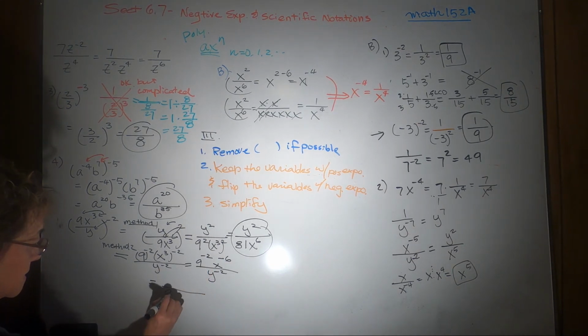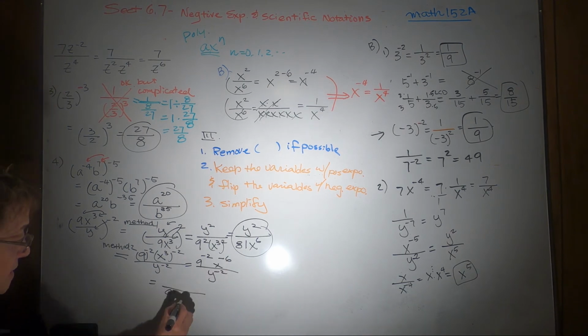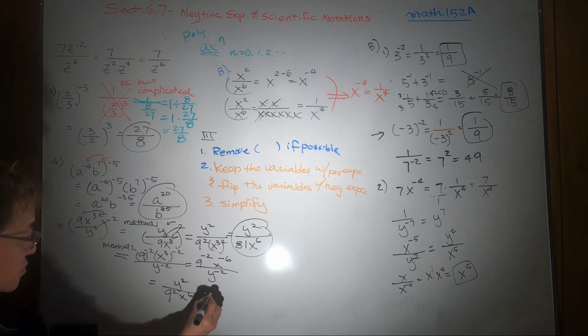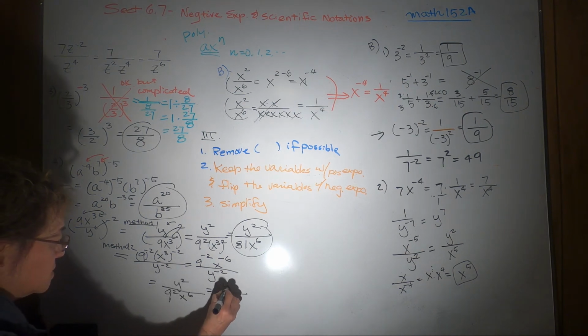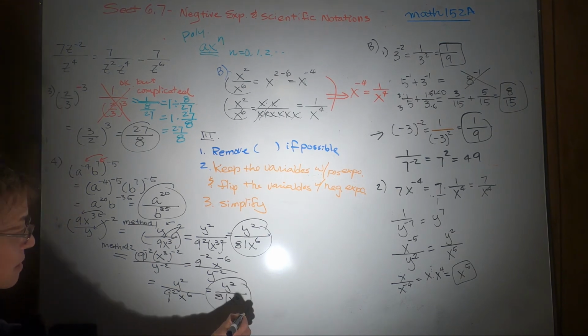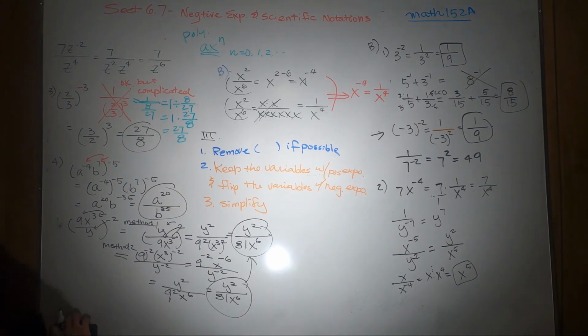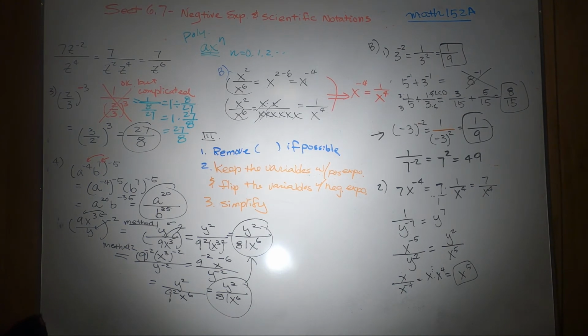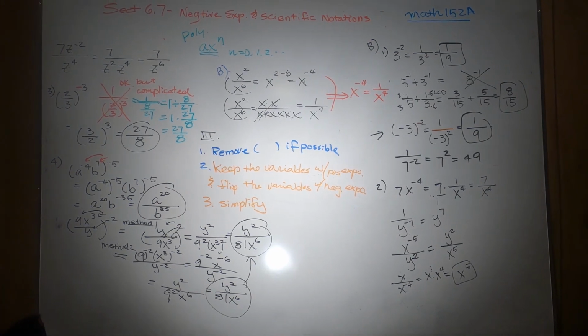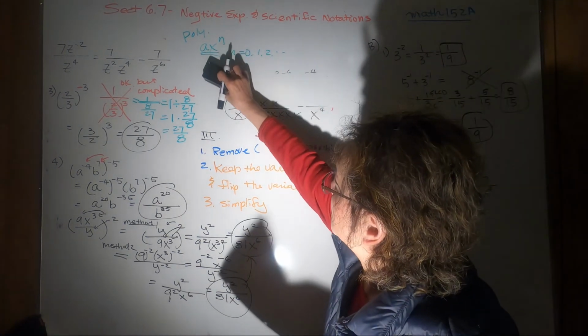We flip this 9 to the square, x flips to the 6, y flips, y to the square. So the final answer is y squared over 81x to the 6th power. Do we have the same answers? You can do it either way. Okay, so let's look at one more.